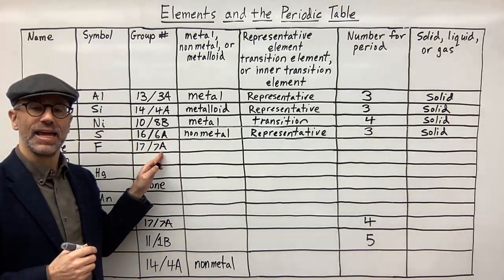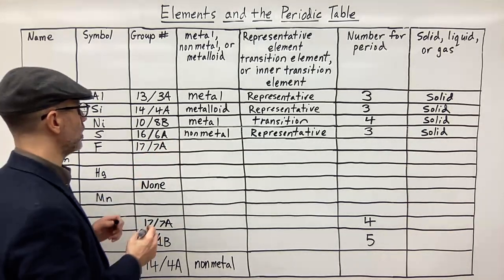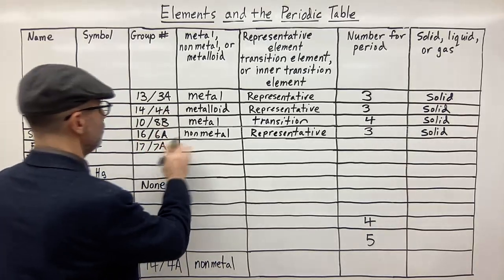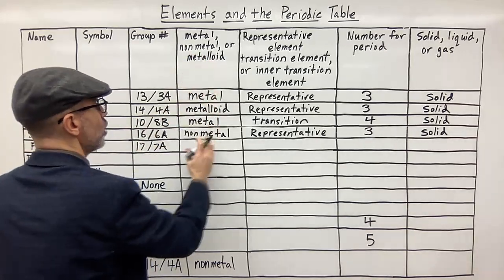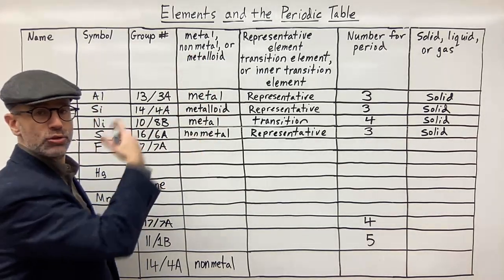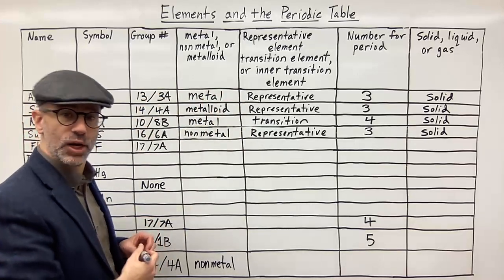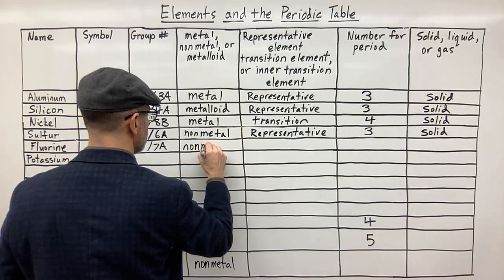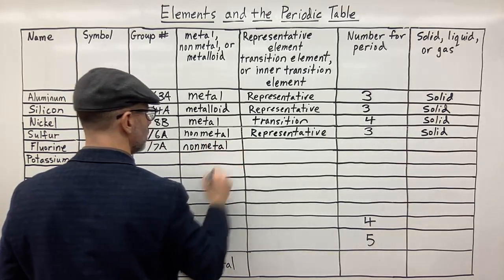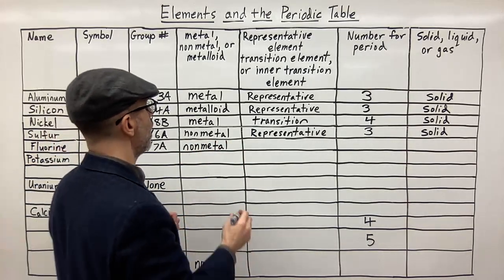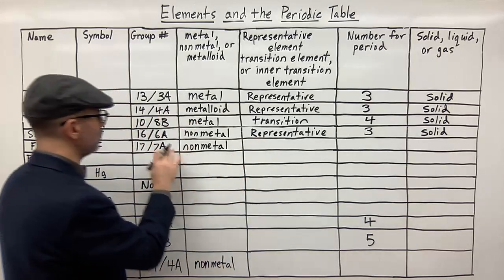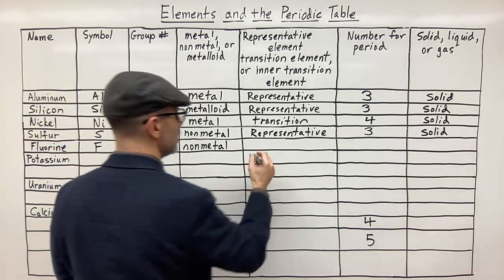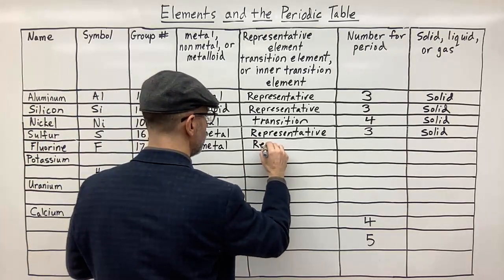Because it's got an A group element, that means it's going to be a metal, metalloid, or non-metal. So it's to the right of the metalloid. So that's going to be non-metal. It's going to be a representative element because it's got an A next to its group. It's in the A group, so that's representative.